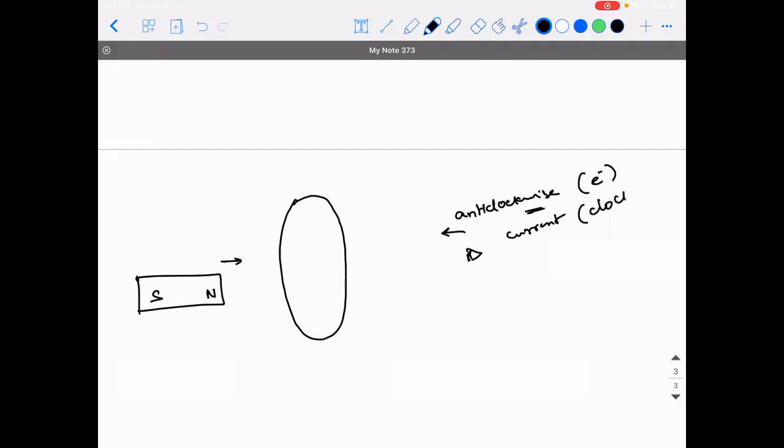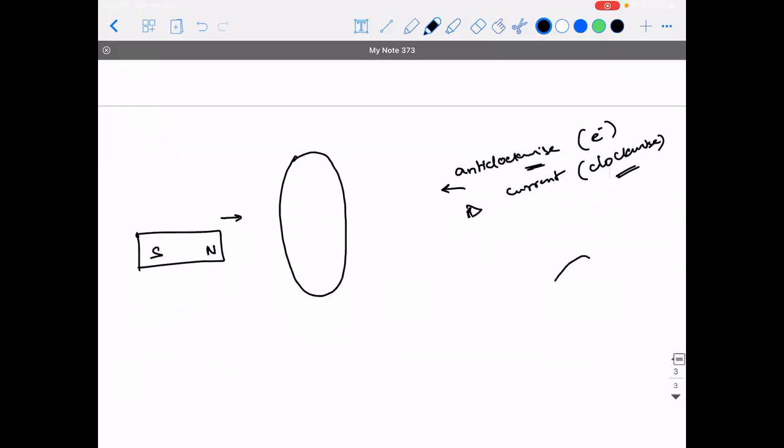Current is clockwise. So, we will revisit the clock rule. If you are seeing the current in the conductor flowing in the clockwise direction, then is it not going to generate a south pole? South pole. Right?